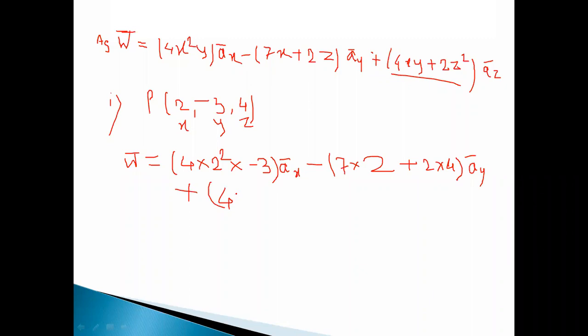4 into, what is 4 it? 4 into 2 into -3, 2 into y is -3. Right? Plus 2z square and z is equal to 4, so it is 4 square, into unit vector A bar Z. So just solve this, then you will get the W bar in terms of values and unit vectors only.